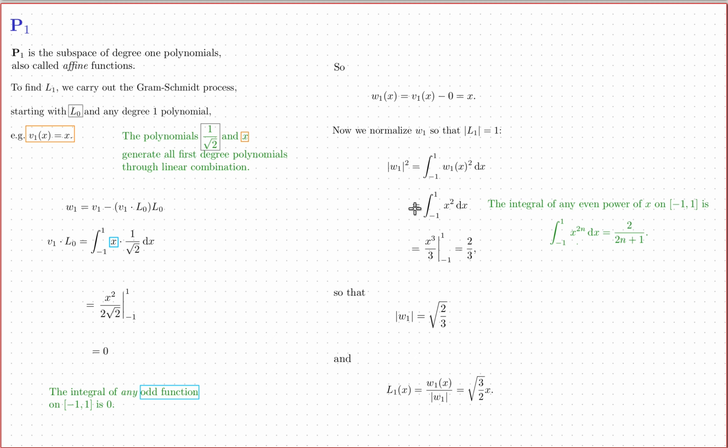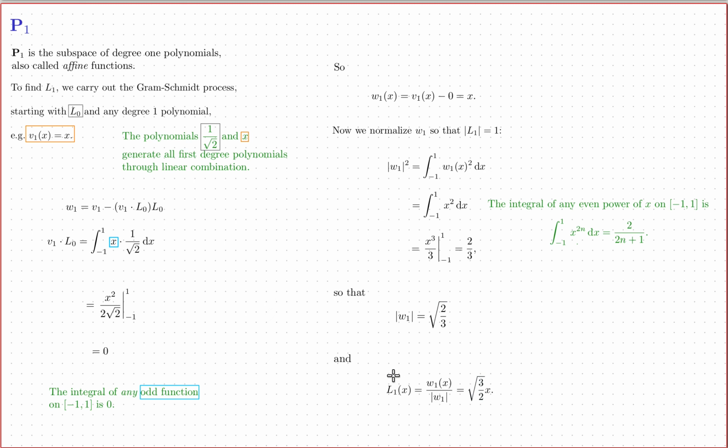Okay, so in our case, we wound up with the magnitude of W1 squared equal to 2/3. So the magnitude of W1 is the square root of 2/3. And now finally what we do is normalize W1: we take W1 and divide by the magnitude of W1, so that's going to be the reciprocal, radical 3/2, times x.